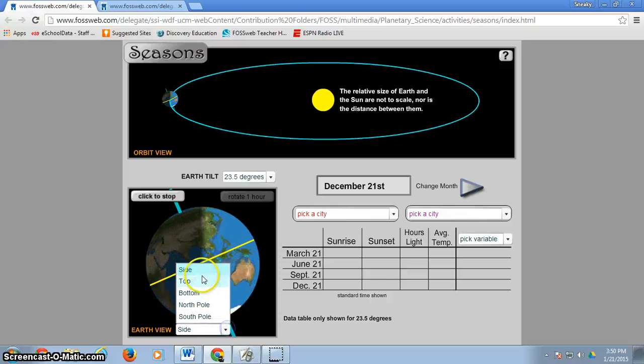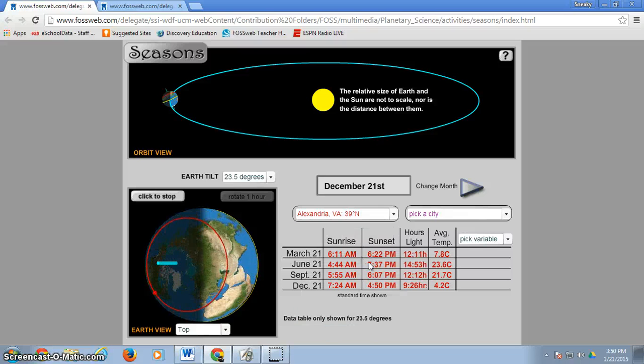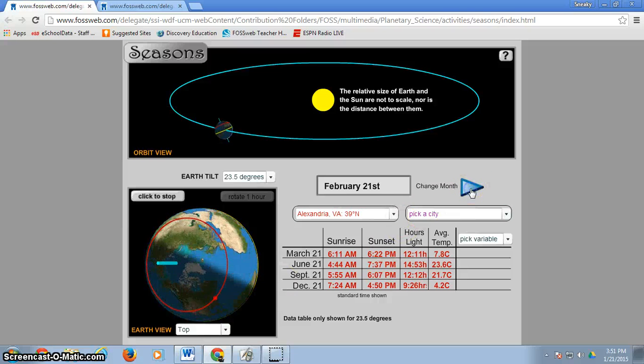If I change this to the top view, you can see, if we pick some place close to Pennsylvania, Virginia in this case, how the hours of daylight change as we go through. We see very little of the path in the daytime as we change through the different months.